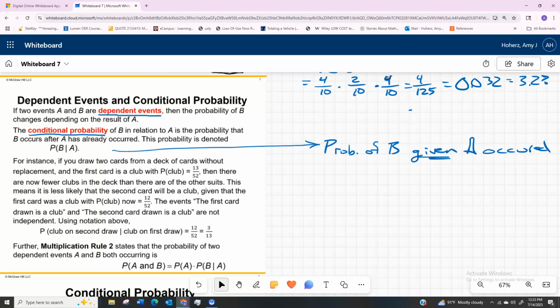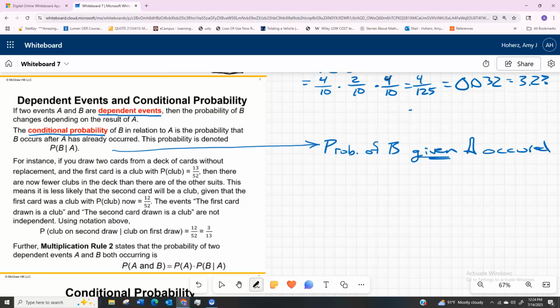So we're given that A has already happened, what's the probability that you're going to get whatever B is on the second one? So if we're thinking about drawing the marbles, if a marble's already been drawn out and we don't put it back in, that's going to affect the next draw, because there's not going to be 10 marbles anymore. There's going to be 9 marbles. So we have to take that into account.